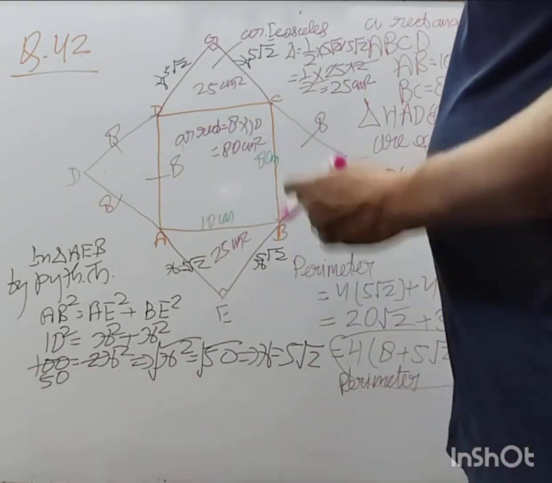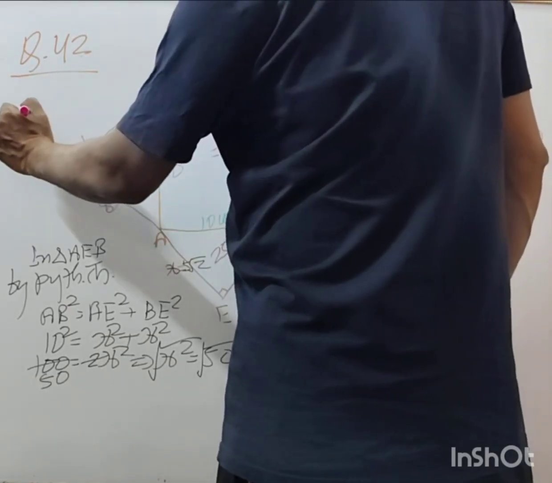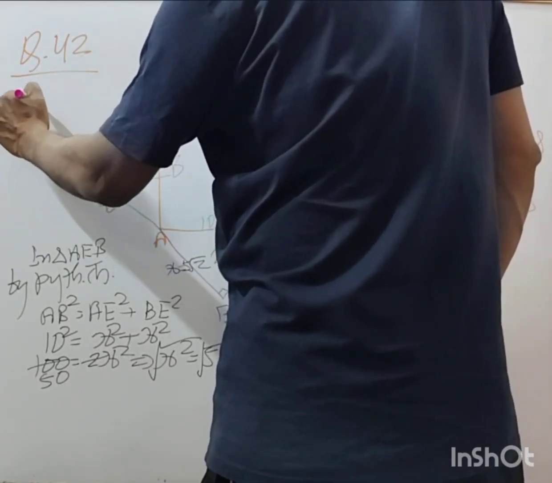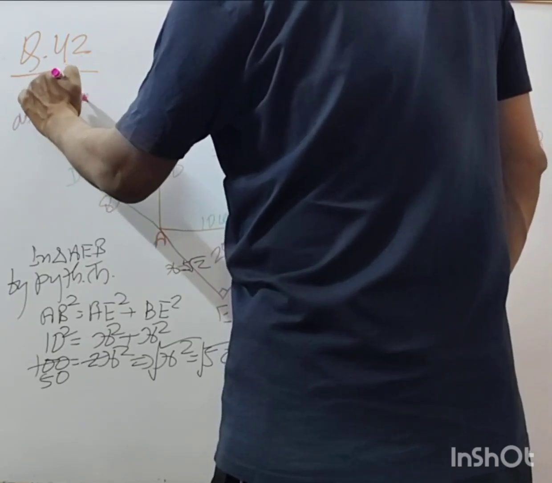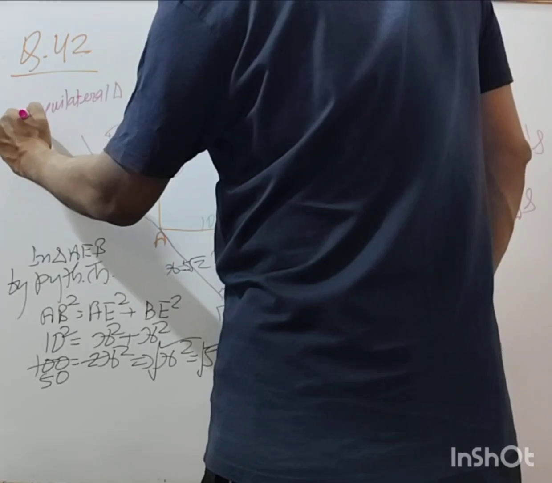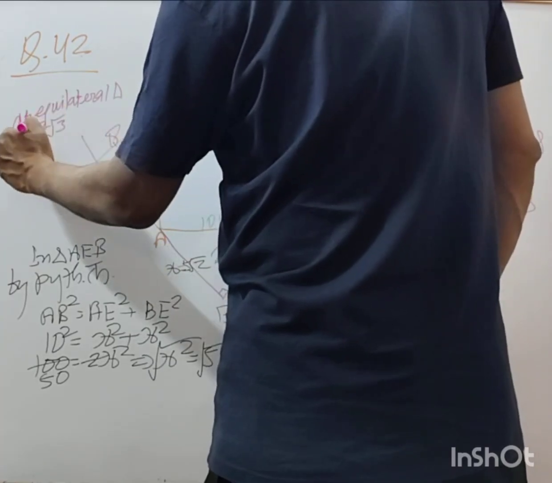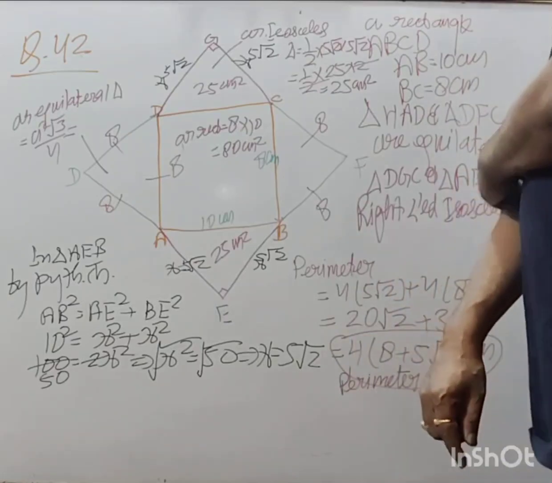Now, area of an equilateral triangle is root 3 by 4 a square.